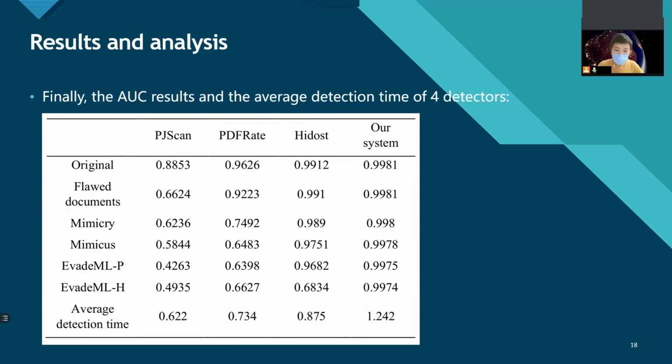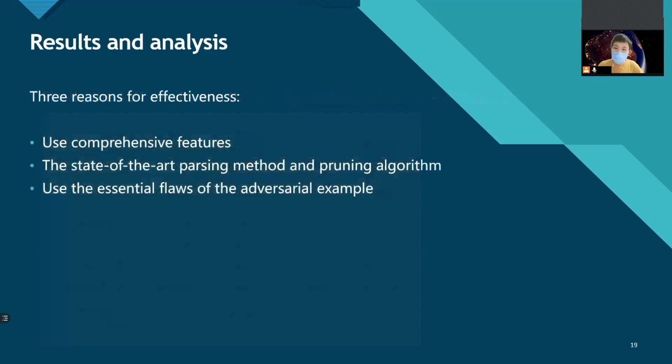This table records the results of the comparative experiment. Our system can effectively detect adversarial examples generated by flawed attacks. I think there are 3 main reasons. First, we used comprehensive features when training the model.